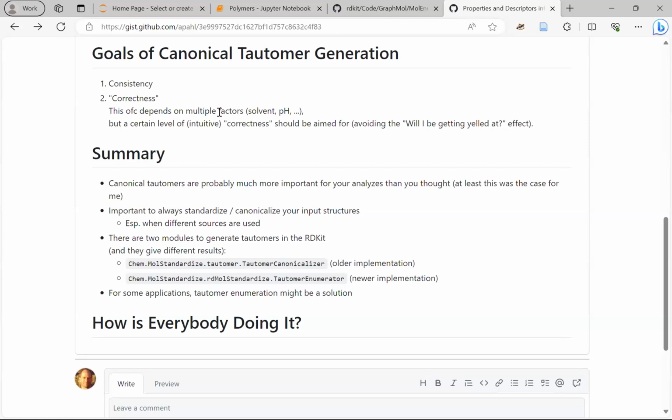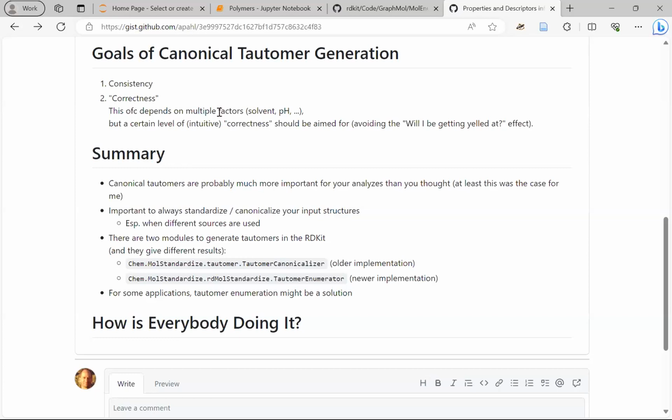And we had last year a nice talk about a structure score, which we then in the end dubbed "Will I be getting yelled at?" By my superiors. And this, I think, is a similar situation for the tautomer. It should, for let's say 80 to 90%, be intuitively correct, the structure that is generated.